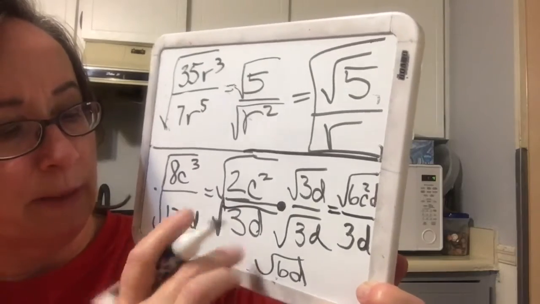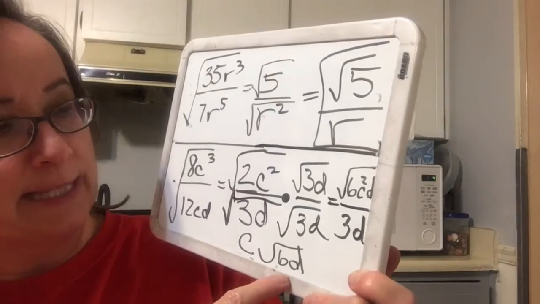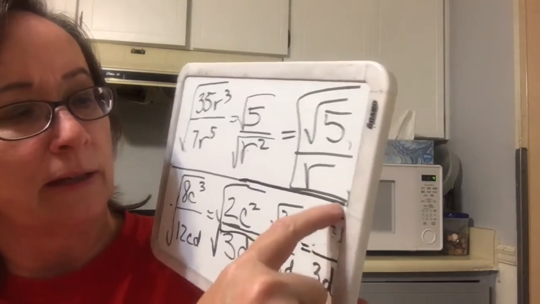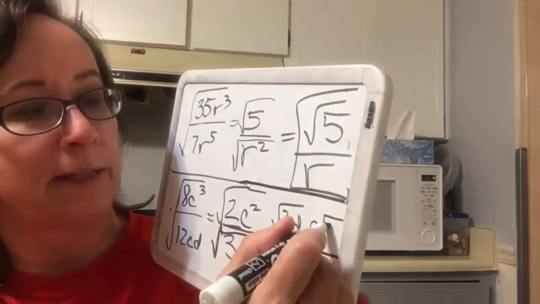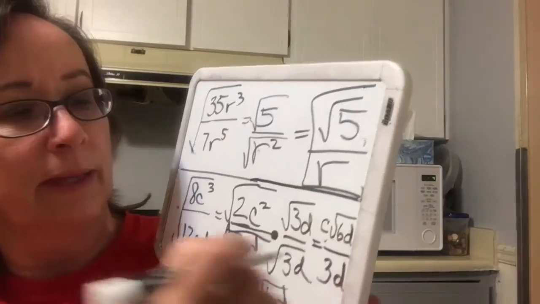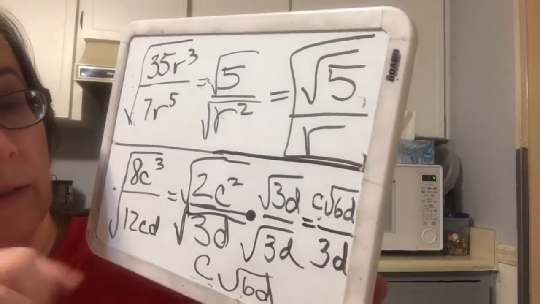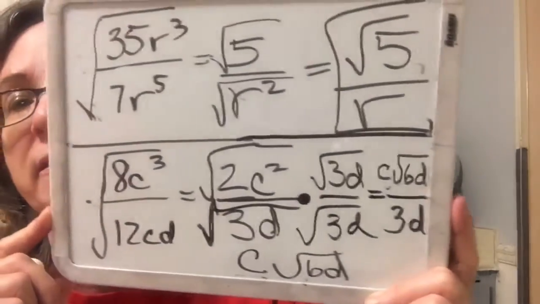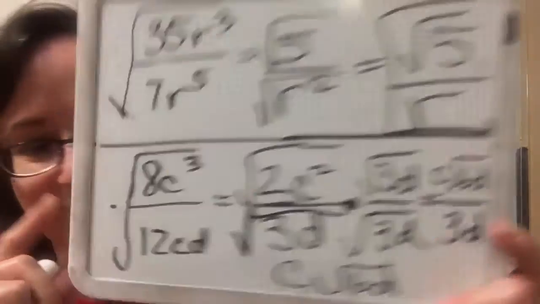Square root of c squared becomes a c, and I end up with c square root of 6d. So we're just going to pull this one out and put c times the square root of 6d. And since nothing can cancel, none of the outside things can cancel, and remember, something inside the radical cannot cancel with something outside the radical.